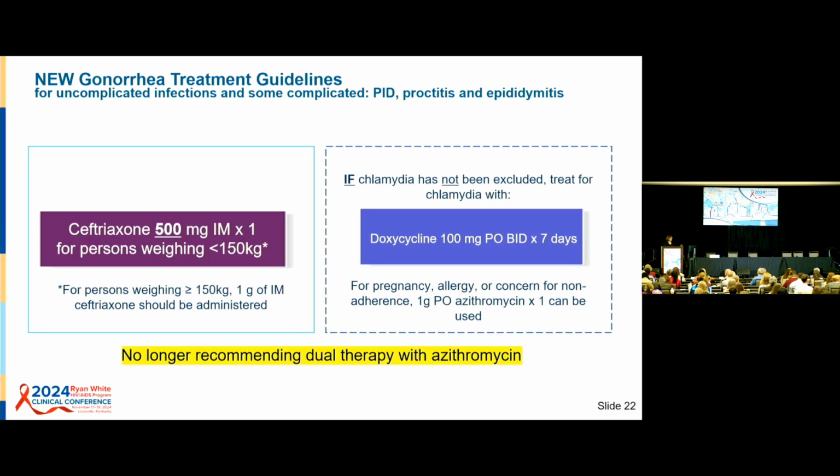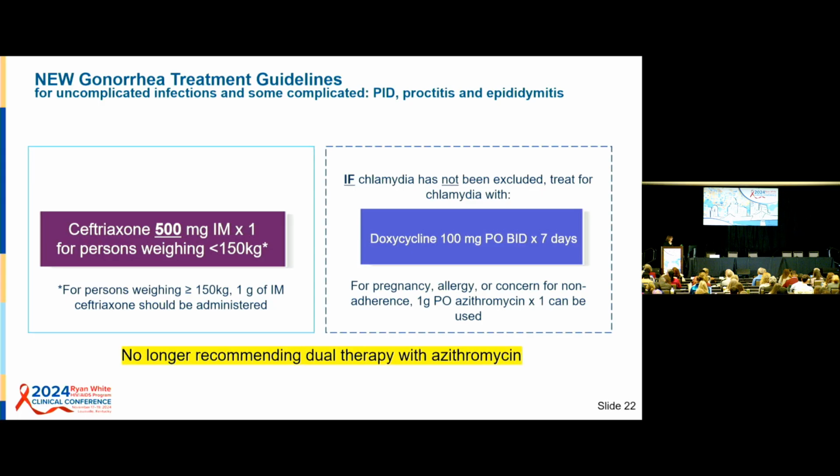The guidelines do talk about treatment for gonorrhea and uncomplicated PID, proctitis, and epididymitis using 500 milligrams of ceftriaxone, but it is weight-based dosing. So for folks who are above 150 kilos, and unfortunately in the US, as we heard from our speakers yesterday, we do have a problem with folks having more weight, you do have to increase the dose up to 1 gram.